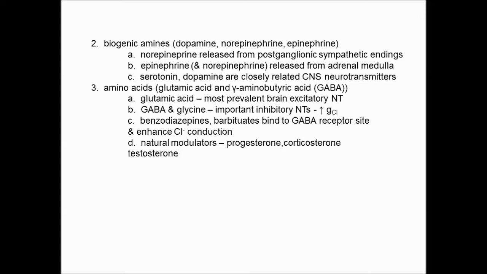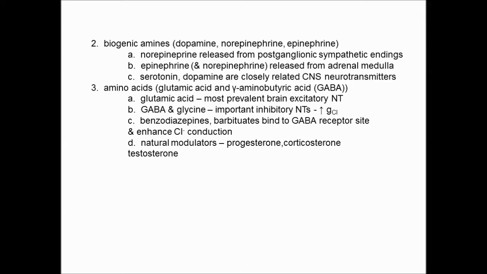Norepinephrine is released from postganglionic sympathetic neurons. So you probably know the sympathetic system is the fight-or-flight system. It's how we respond to emergency activities. And you probably already know that norepinephrine is a stimulatory type of agent. It increases our excitability and our responses to most things. We'll talk about it in detail later.